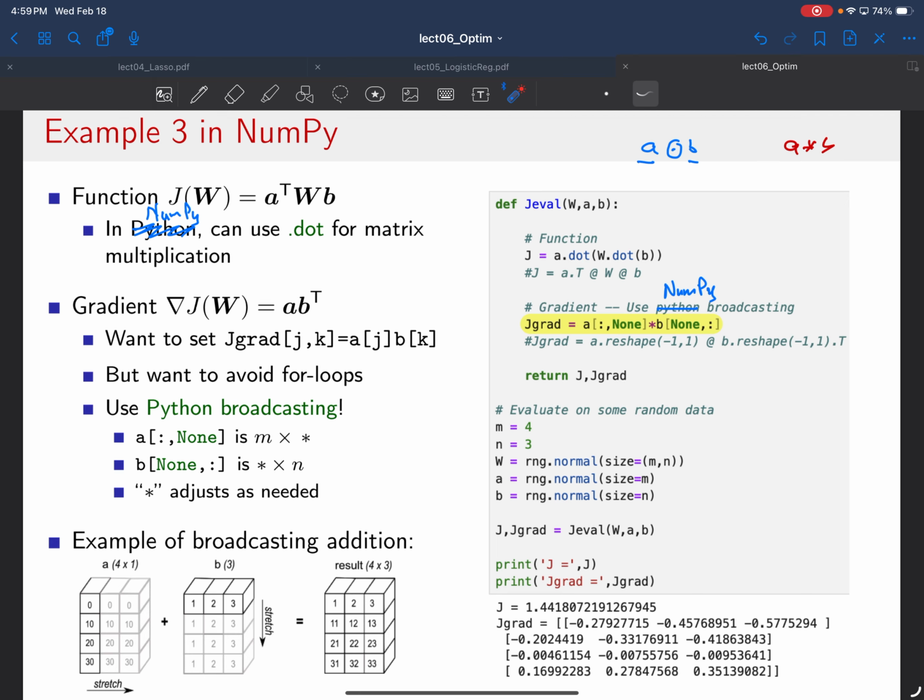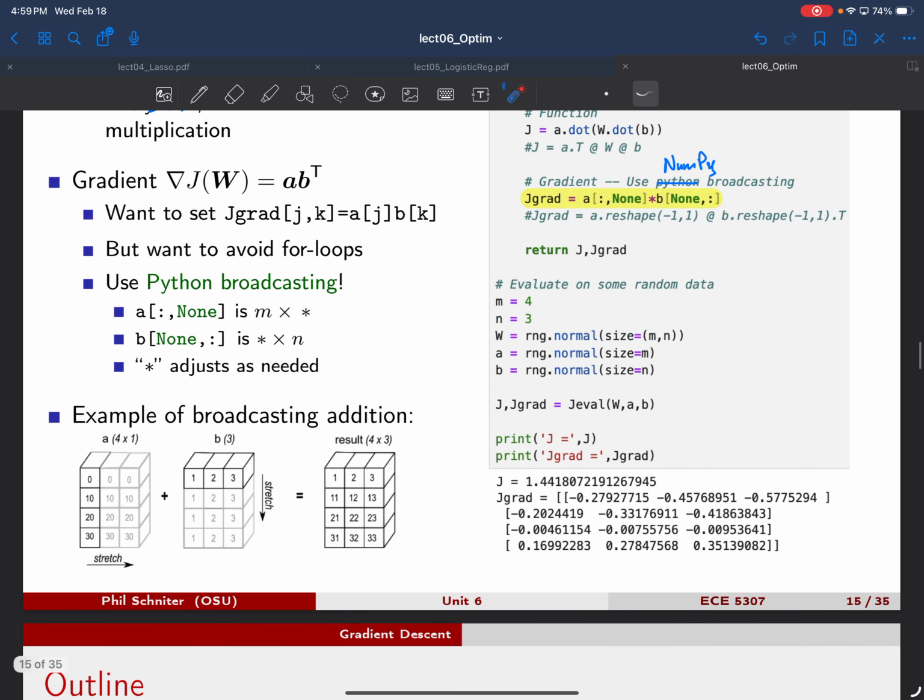So now we want to do something else. We want to do this again with broadcasting. So here's this cool thing. Let me illustrate it with this picture. This picture is going to illustrate broadcasting addition, but we can actually do this also with multiplication. So here's the idea.